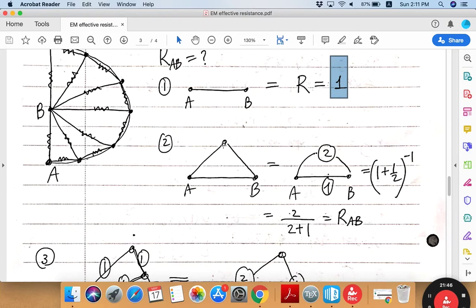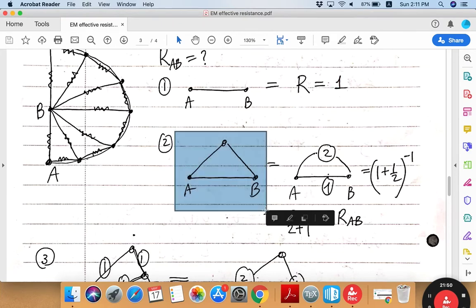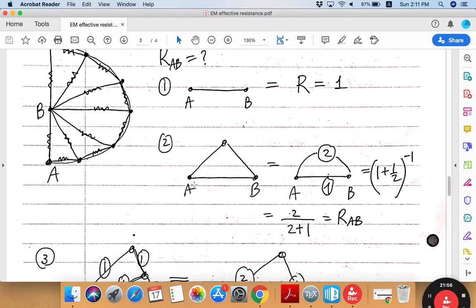Okay, so the next step in the progression is to think about the effective resistance, rather the node-to-node resistance R_AB, from A to B, when there are 3 resistors that are connected to each other in the form of a triangle.